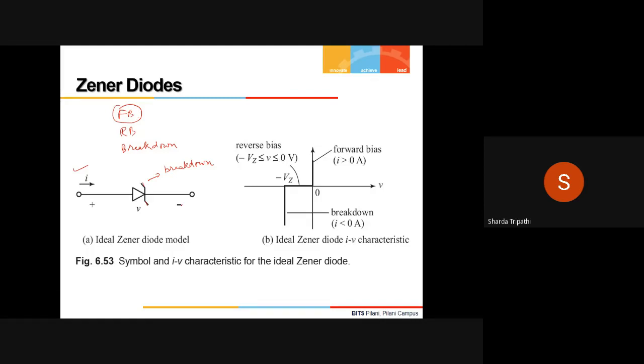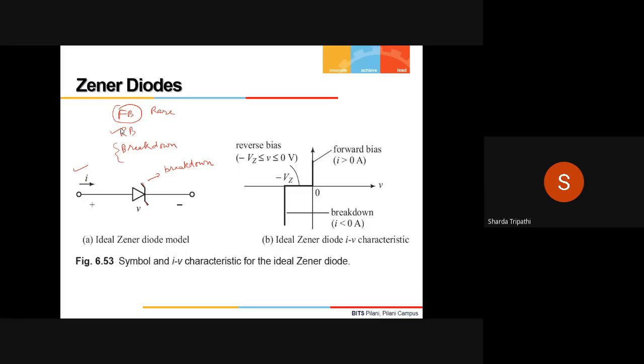Because the fabrication of a Zener diode is more complex compared to an ordinary diode. For forward bias and reverse bias we can use an ordinary diode too, so why do you need a specially fabricated diode? Therefore the use of Zener diodes in the forward bias region is very rare. Mostly it works in the breakdown region. If it's not in the breakdown region, then it could simply be reverse biased.